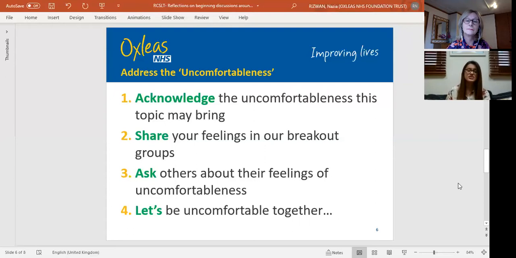In addition, I also emphasized some general ground rules during the breakout discussion: listening to each other without judgment, respecting each other's contributions, not pressurizing anyone into sharing anything they didn't want to, and listening openly and honestly, so that ultimately we can be uncomfortable together.